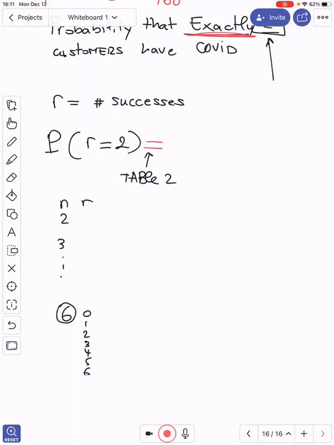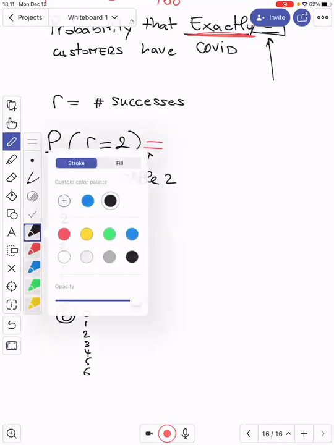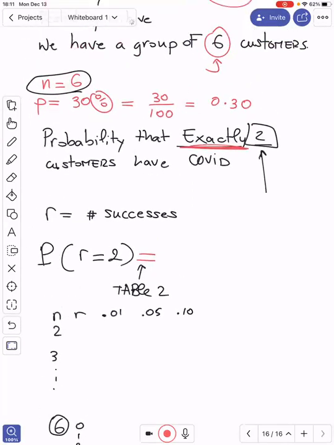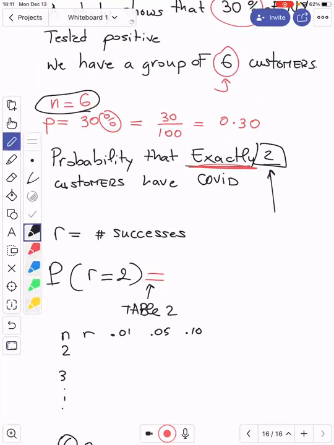Now next to R, you have P, the percentage, right? So you have 0.01, then 0.05, and so on. But in our problem, the percentage is 30%, which is 0.30. So we need to go to 0.30.